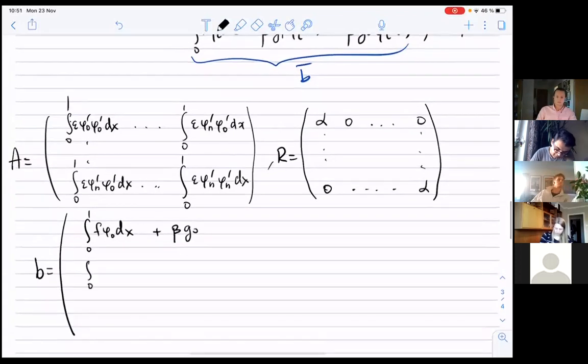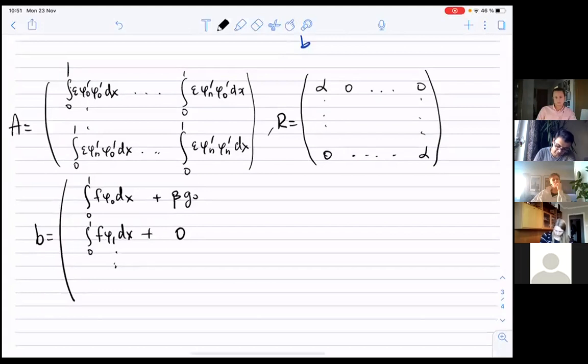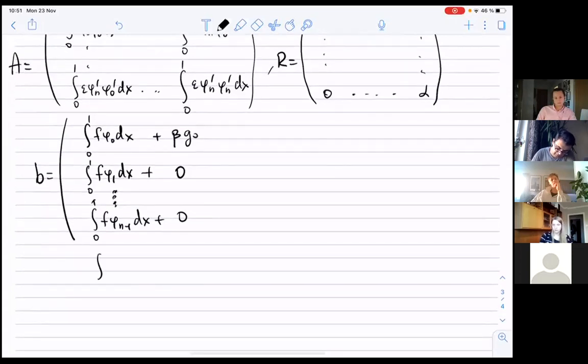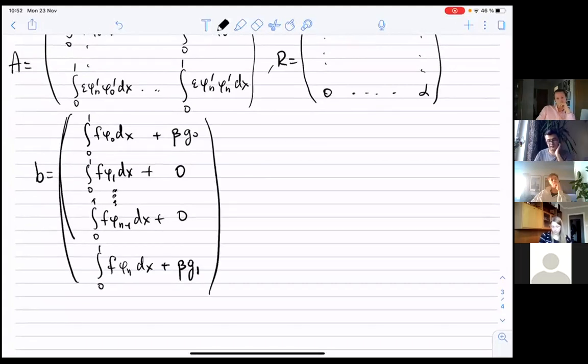The second row is the integral of f phi 1 dx plus 0. And so on, until the one from the previous, the last one, f phi n minus 1 dx plus 0. And the last one, the integral from 0 to 1 of f phi n dx plus beta g1. This is the right-hand side.